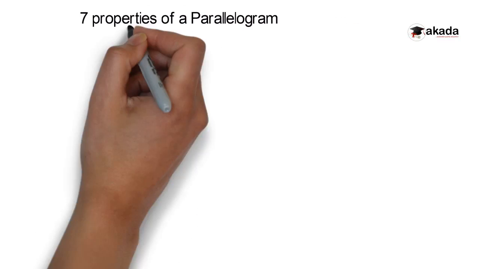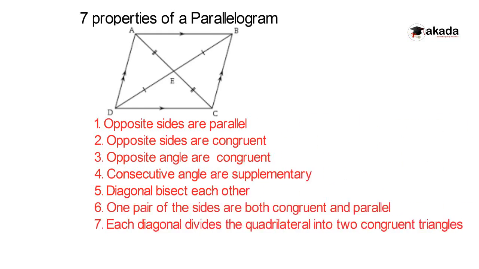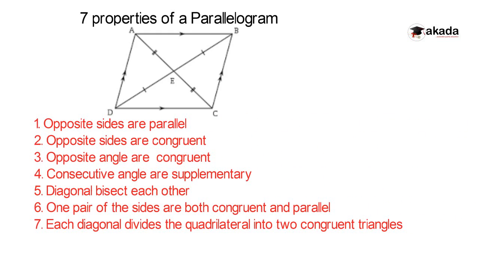So, let's look at the 7 properties of a parallelogram. Can you see the picture above? So, I have 1. Opposite sides are parallel. 2. Opposite sides are congruent. Congruent means equal. 3. Opposite angles are congruent, which is also equal. 4.